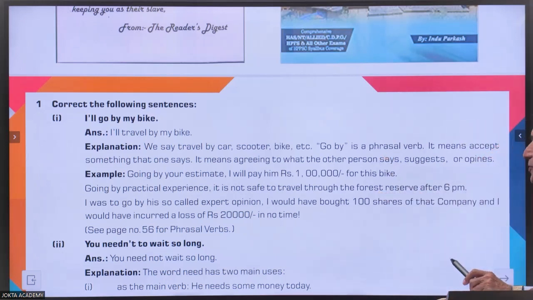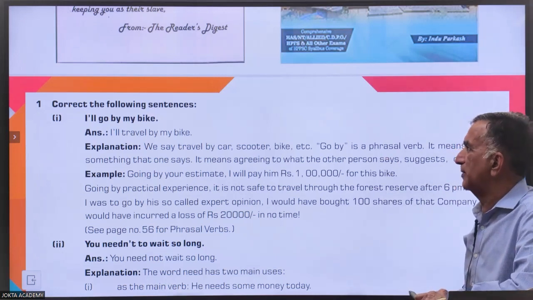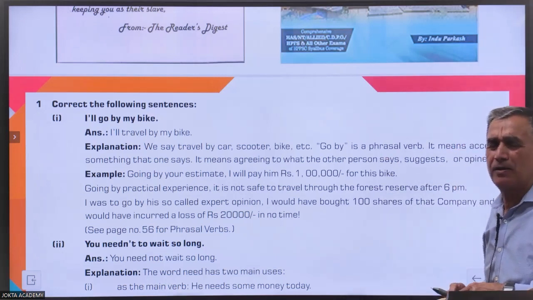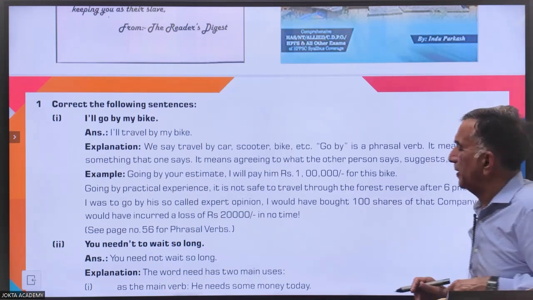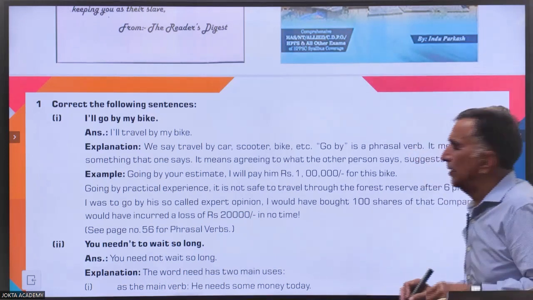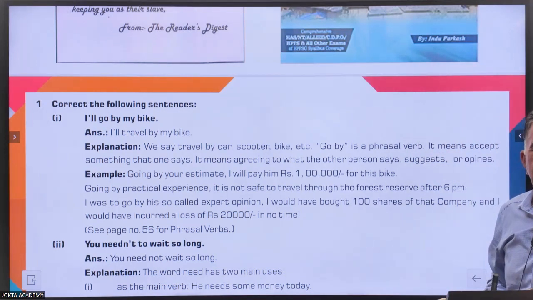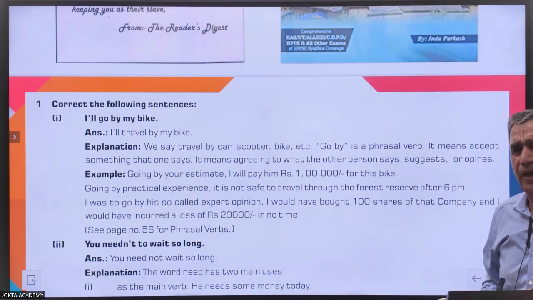Correct the following sentences. I will go by my bike. Go by is a phrasal verb. Go by means to agree to something what somebody else has said.